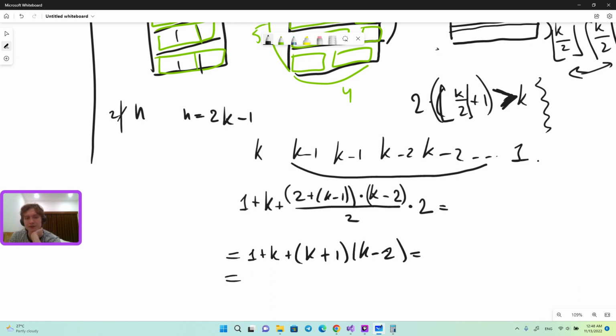This is equal to 1 plus k plus k squared minus k minus 2. This is equal to k squared minus 1. I don't believe in it. I don't believe it.